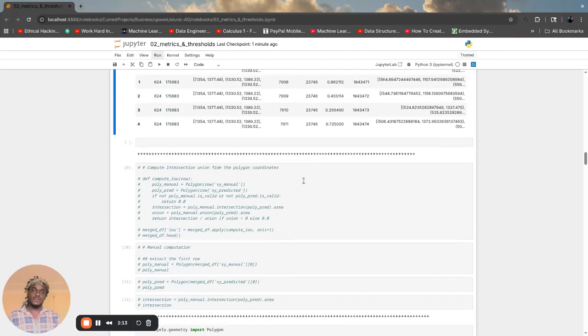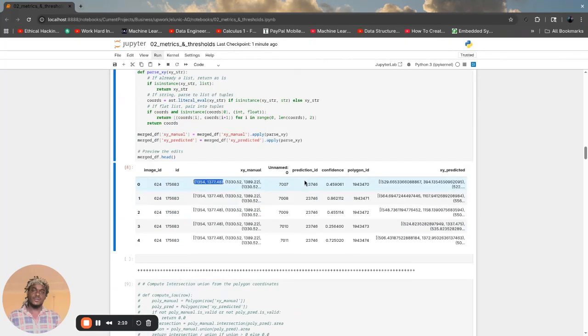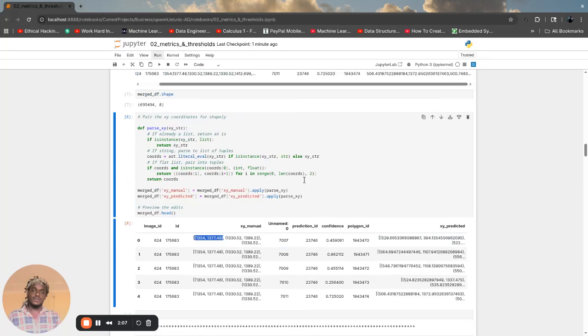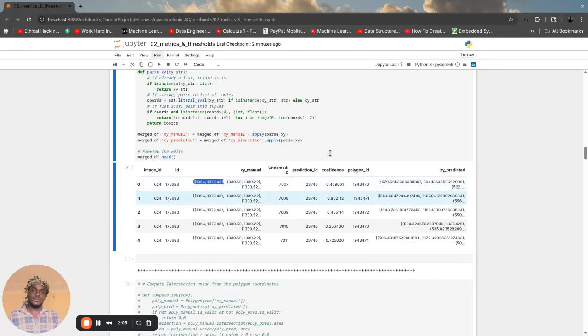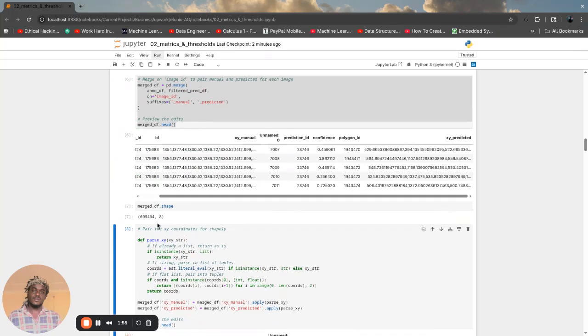Okay, now, allow me to break. After using the resultant data set and matching by the image ID, it resulted in more than 600,000 rows, each row representing a defect matched between the manually generated and the system generated defect.